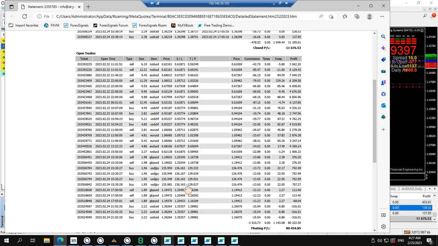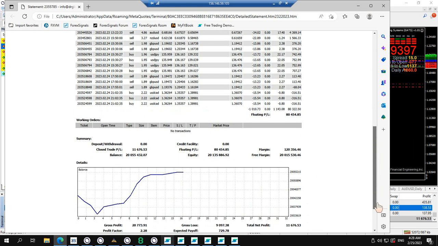The USD CAD has 3 open trades outside the money. These are floating losses, okay? But we have some trades that work well, as I showed you, and these are the results of them. These are open positions with various profit elements there.